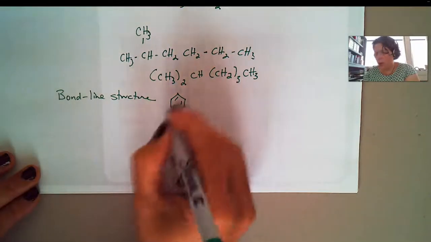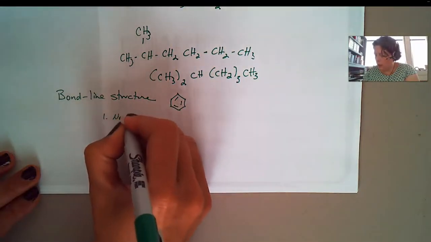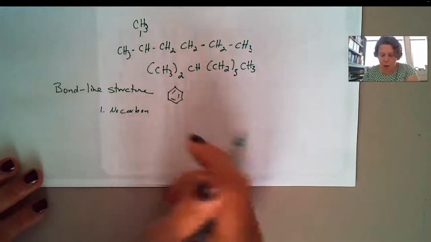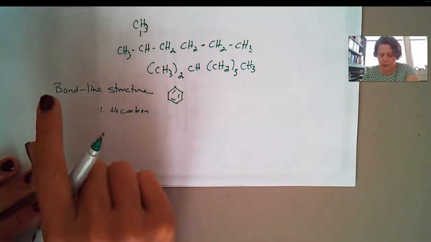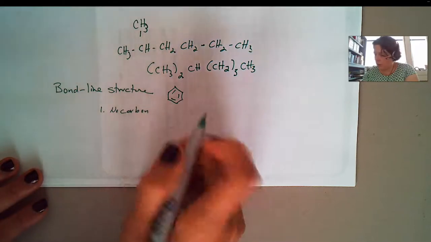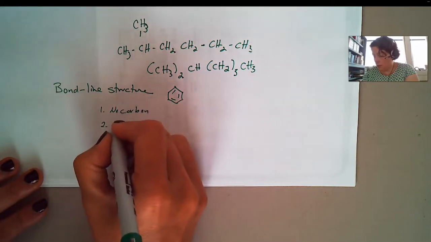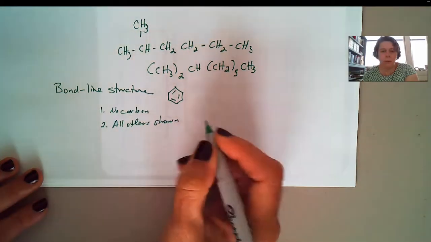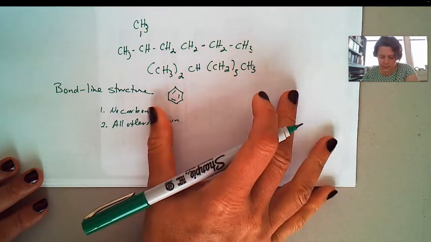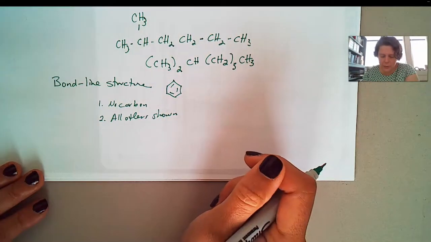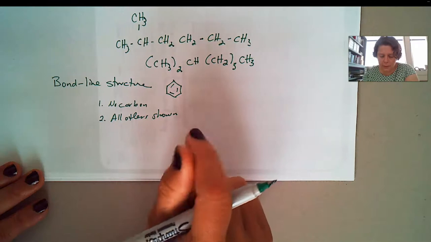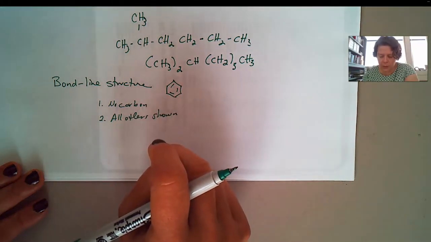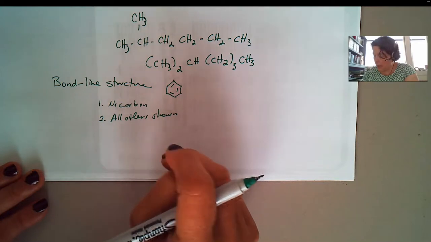All other atoms other than carbon and hydrogen are explicitly shown, so the chlorines, whatever else is in there. A carbon atom is assumed located at the end of each line segment or at the intersection of two or more lines, which are used to depict the bond.